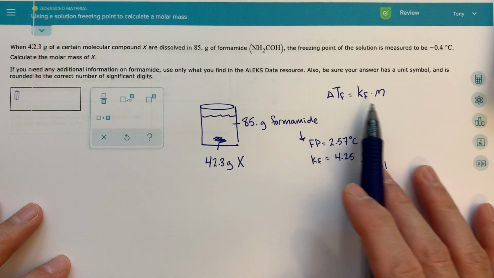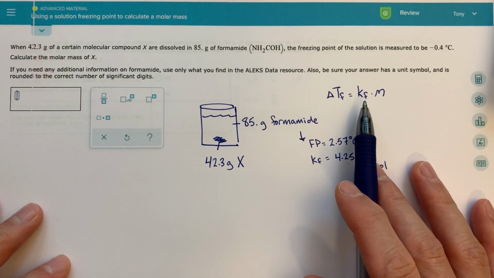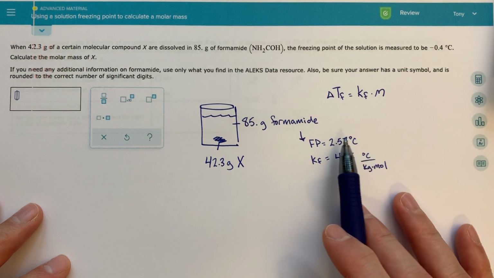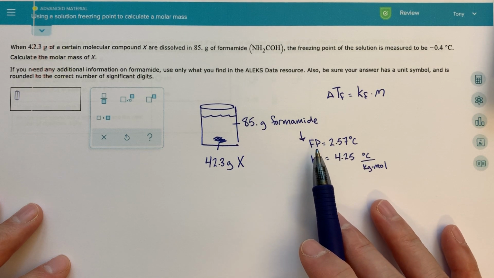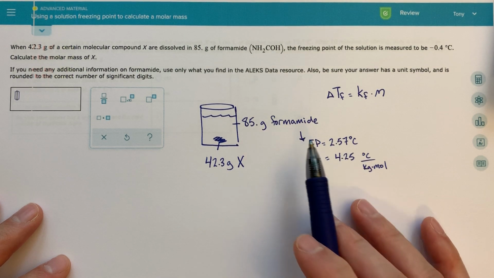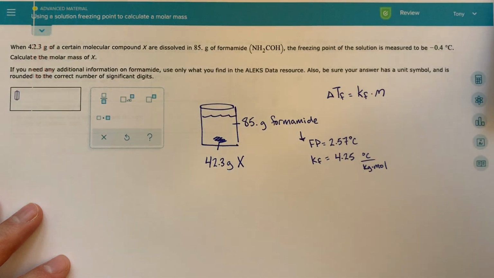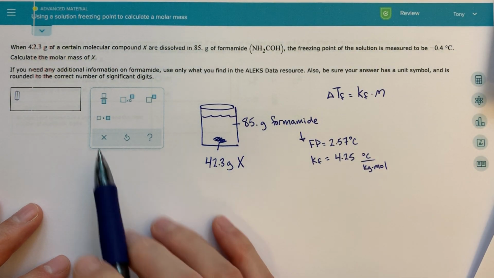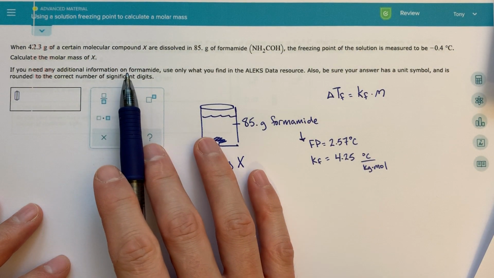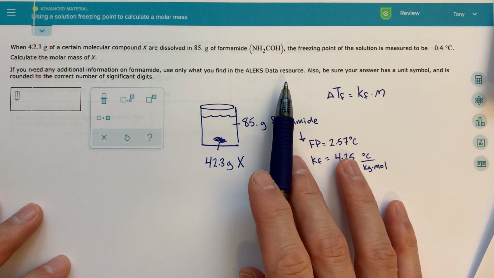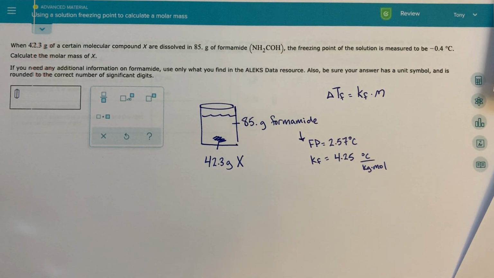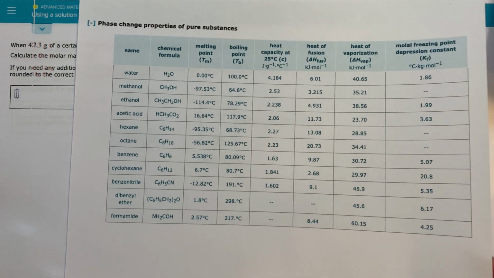Now, if we're going to be using this equation, then we really need to know the Kf and also the normal freezing point, or normal melting point, for this formamide. And that's actually on this ALEKS data table. You'll notice that it says, if you need any additional information, use only what you find in the ALEKS data resource. This is because different resources are going to have slightly different numbers.